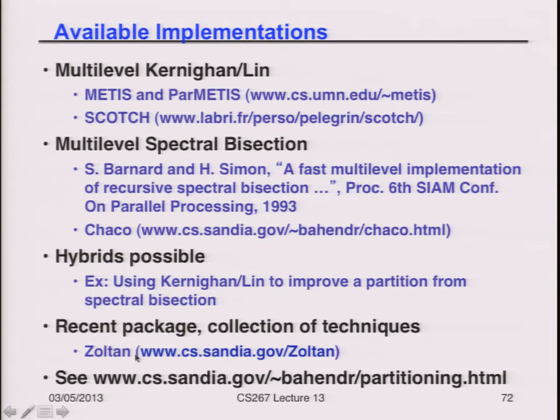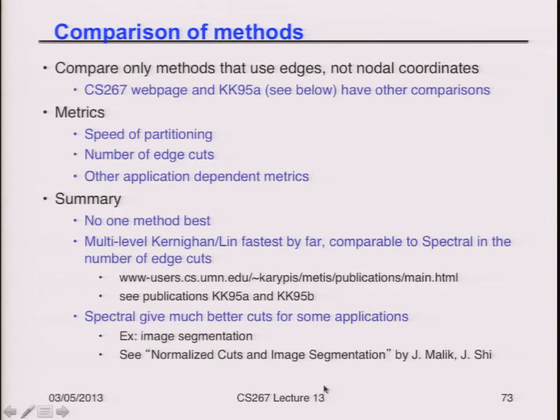And if you're willing to use their way of formulating your problem, you can access any of these and try one and then the other. And there's a good web page with a description and comparison of all these methods at Bruce Hendrickson's web page.